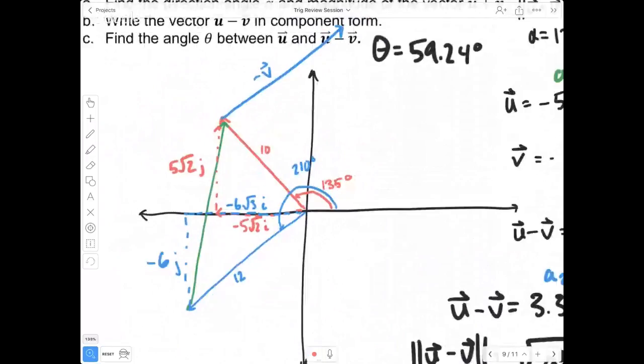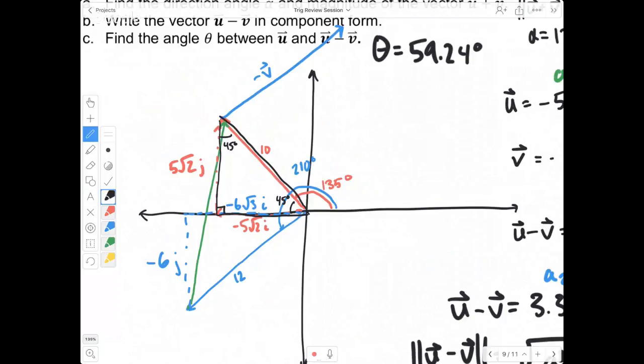So we were looking at 135 here, Moose, which means that there's 45 here, right? 45 degrees. So that means this is 45 degrees, and obviously that's 90. So I was looking here at this 45, 45, 90 triangle, and I said 10 x root 2 over 2, x root 2 over 2.